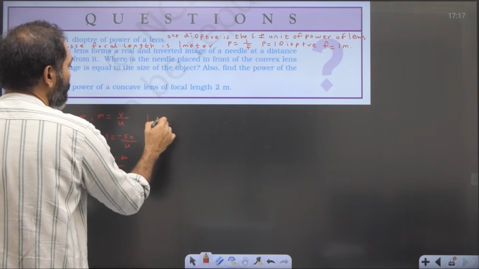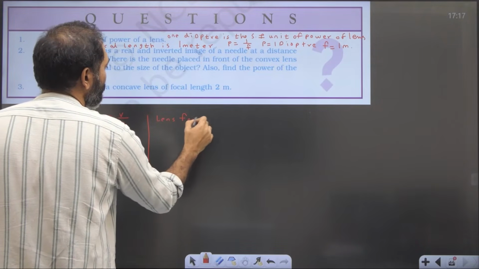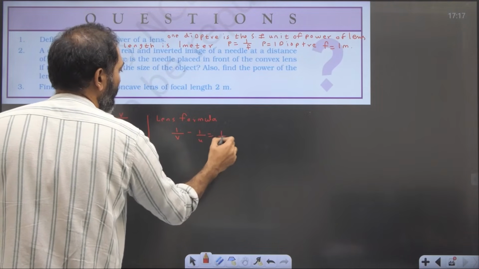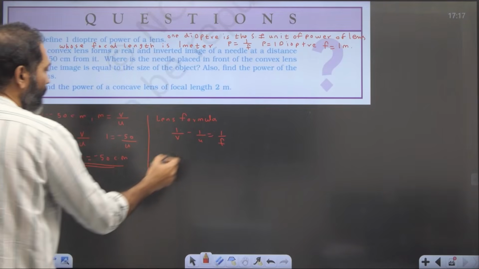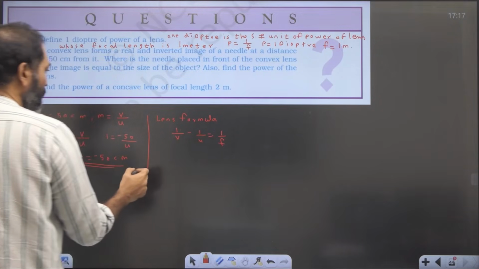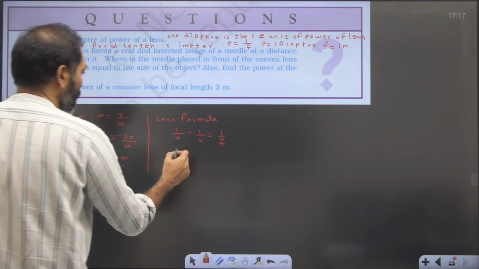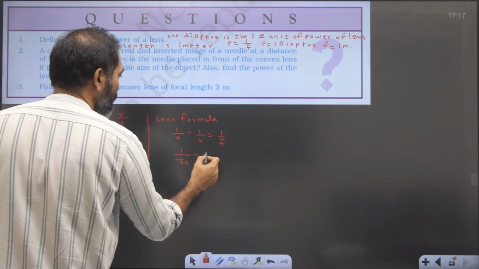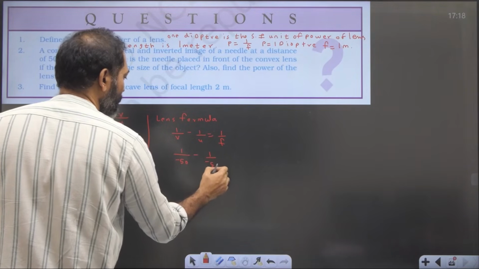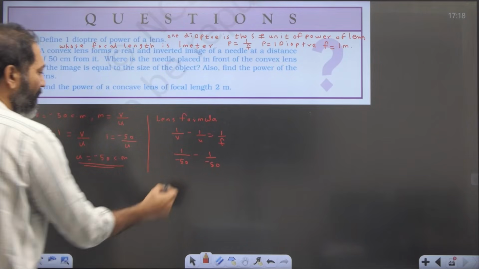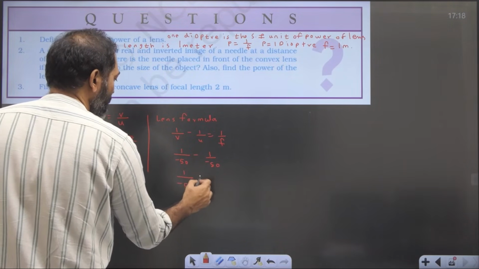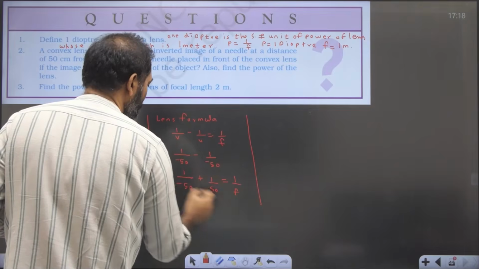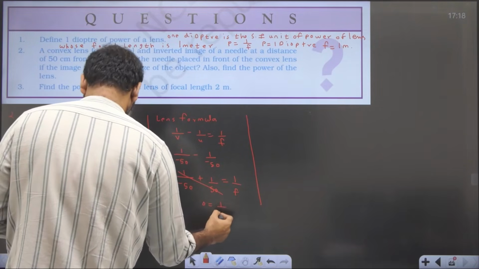We know the lens formula: 1 by V minus 1 by U is equal to 1 by F. So 1 by minus 50 plus 1 by 50 is equal to 1 by F. That means 0 is equal to 1 by F.